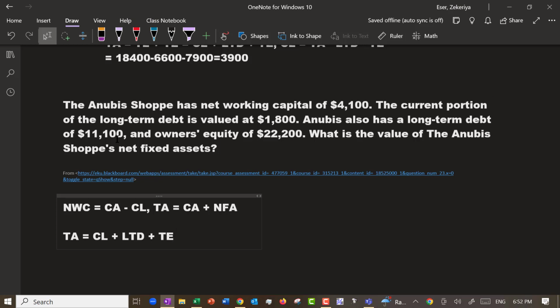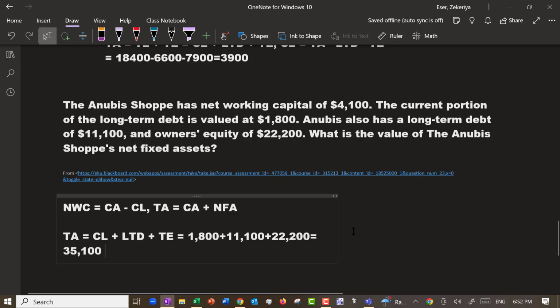So we know all of these. Current liability is 1,800. Long-term debt is 11,100. And equity is 22,200. Okay, we got total assets. Obviously, current liability is 1,800.